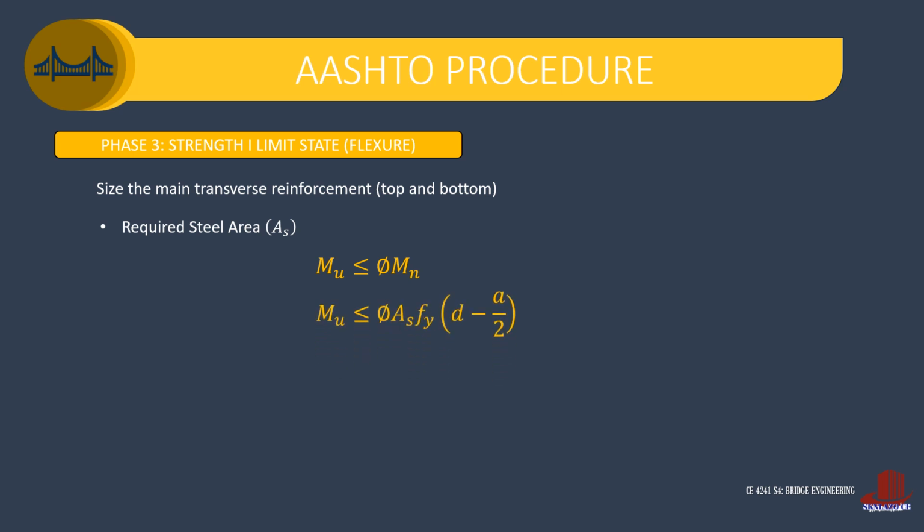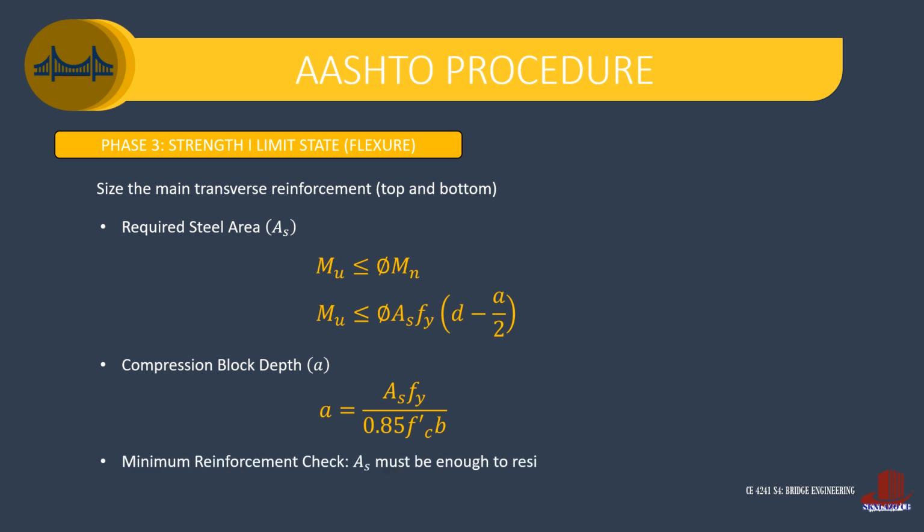The nominal moment is solved from As multiplied by Fy times the depth less half of a. We already know Fy and the depth, and we can compute the block depth a from As times Fy over 0.85 of f'c times b, where b is the strip width of 1 meter.